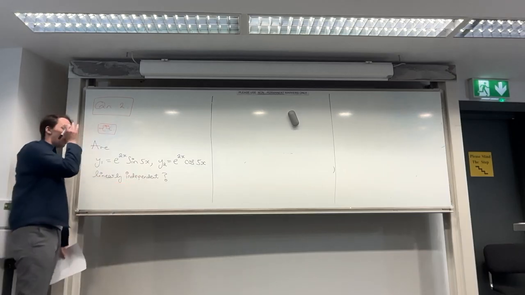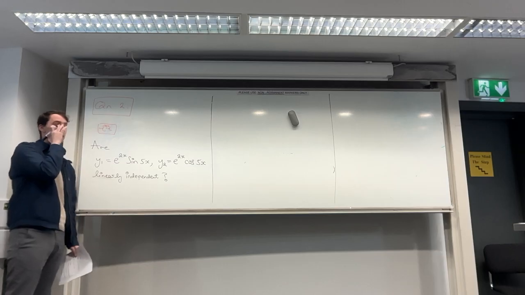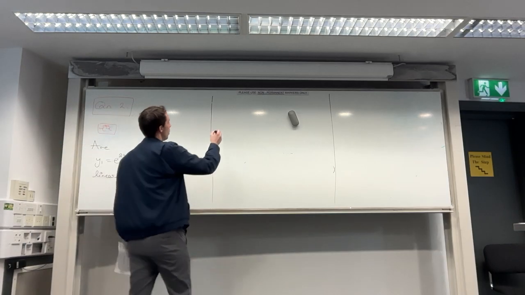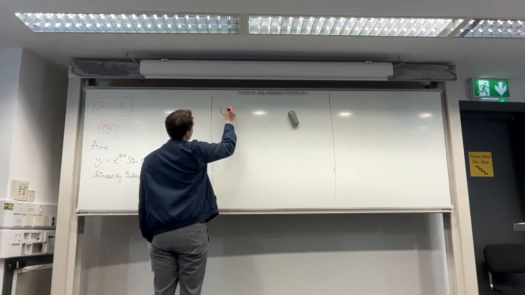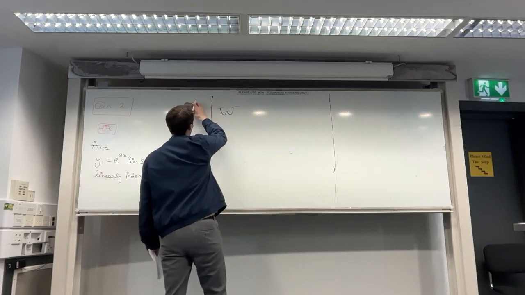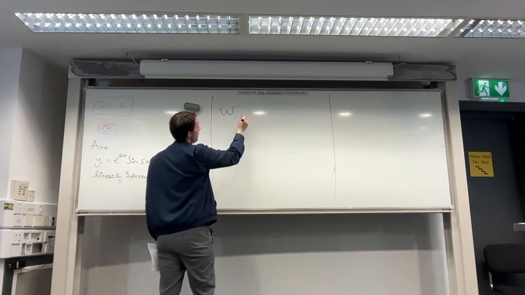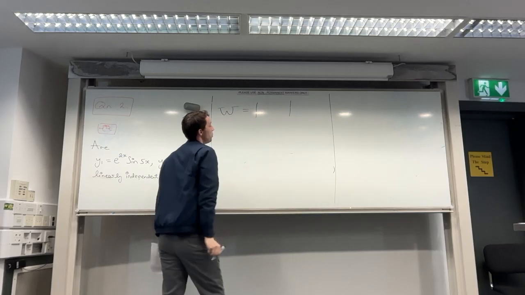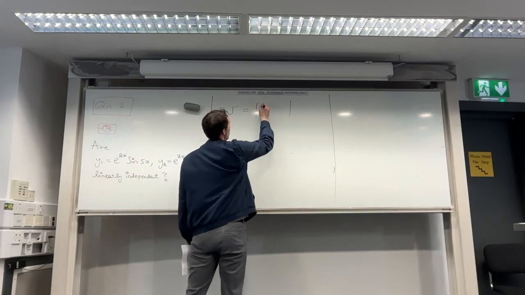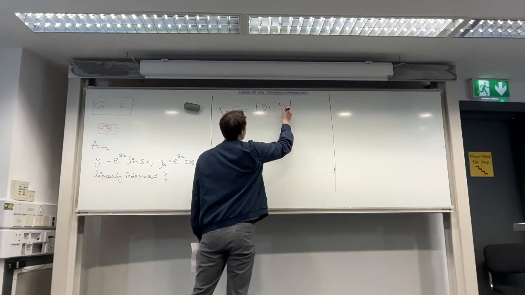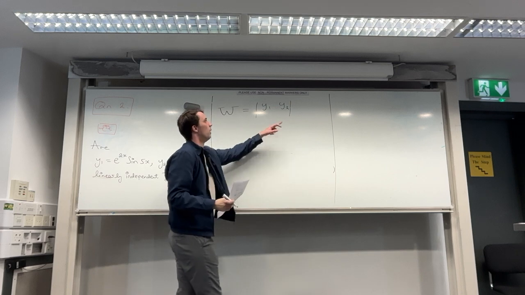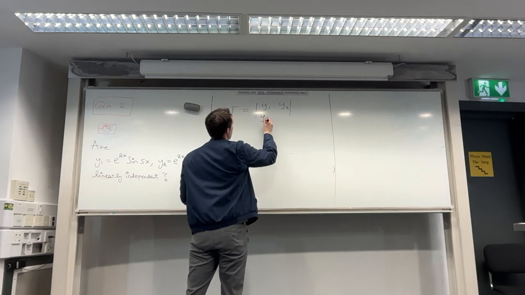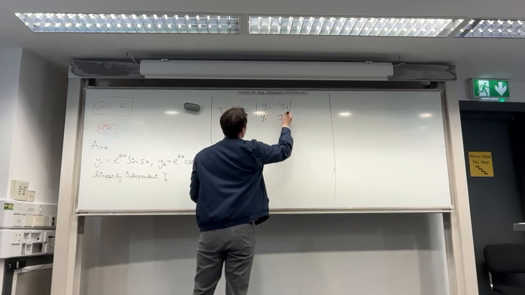So to test if y1 and y2 are linearly independent, we need to construct the Wronskian. Again, recall from your lectures that the Wronskian of y1 and y2, which we call W, is simply the determinant of the 2 by 2 matrix whose first row is y1, y2, and whose second row is the derivatives, y1 prime, y2 prime.